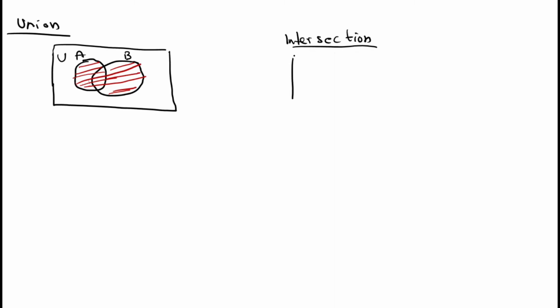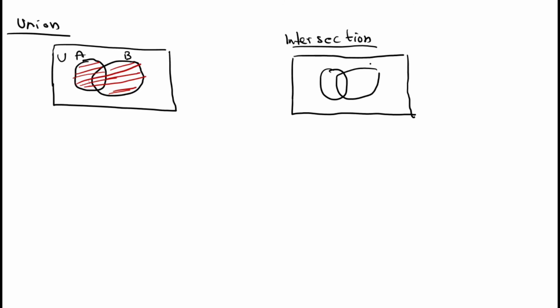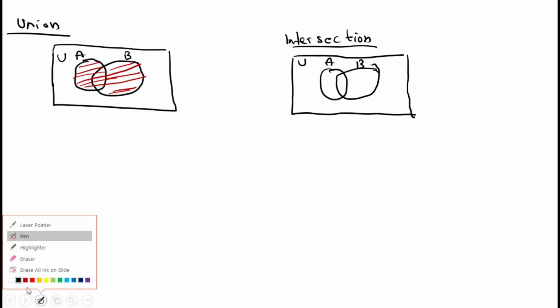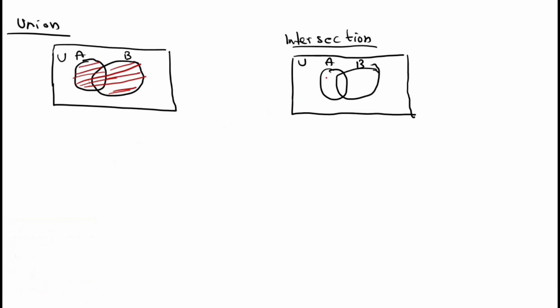Consider the universal set first, that is denoted by the rectangle. Now see, take set A and set B. Name them as A and B. This is the universal set U. Now in this diagram, what is common to both A and B? You can see here, right? This part only.